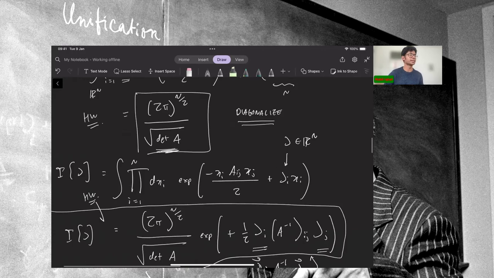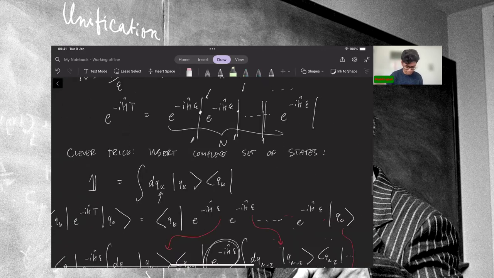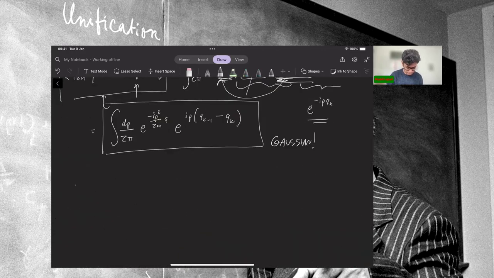And what you find is that it is minus i m over 2 pi epsilon to the 1/2 times the exponential of i m (q_{k+1} minus q_k) squared divided by 2 epsilon.